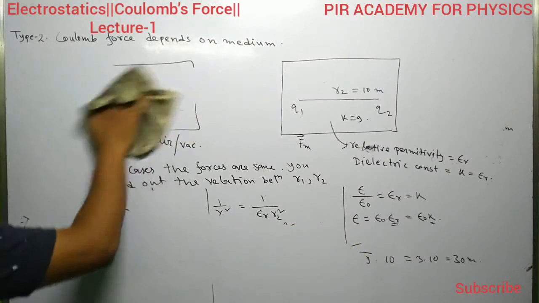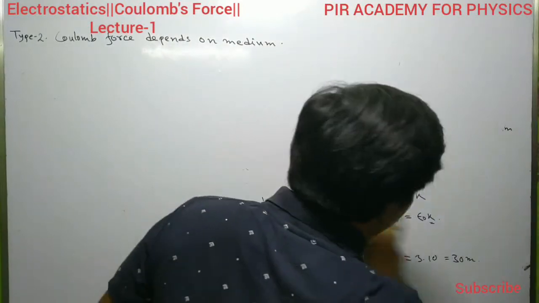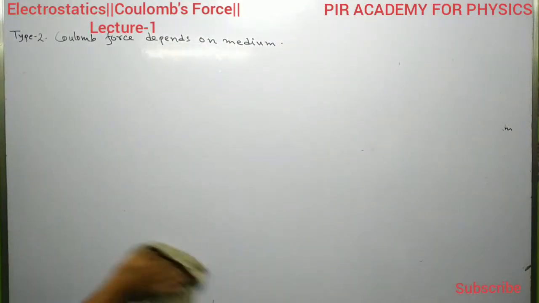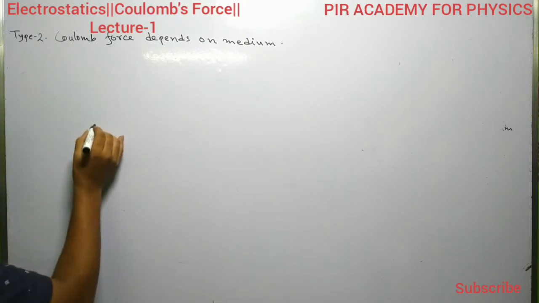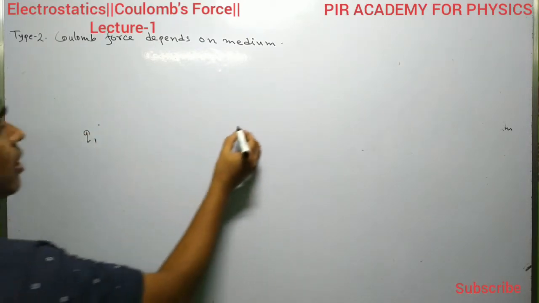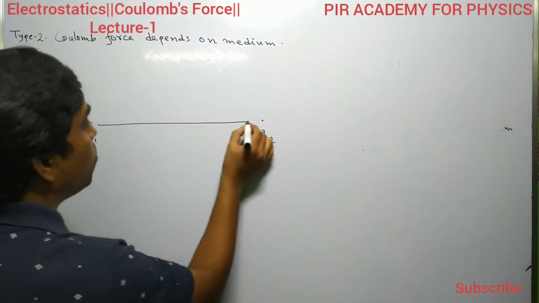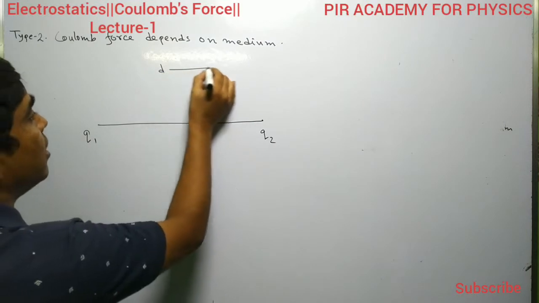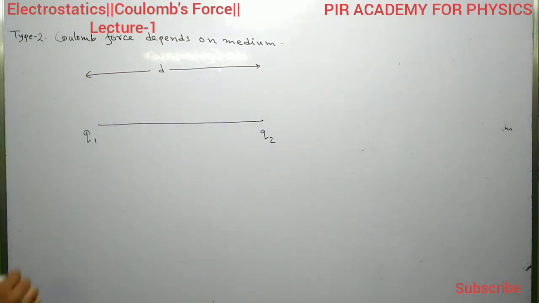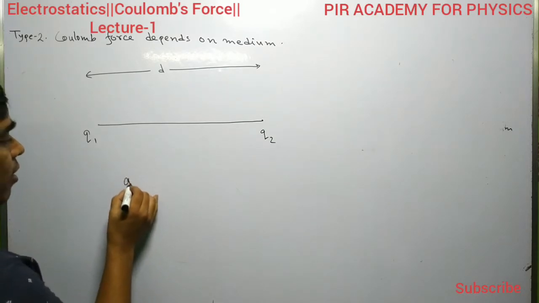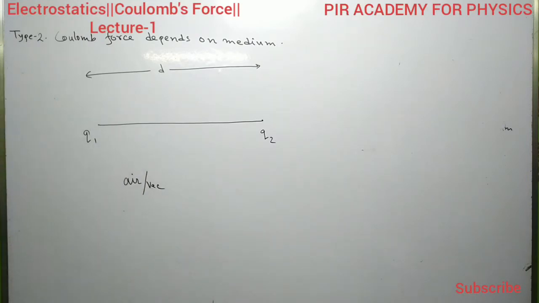There is another problem related to the dielectric constant. Number 3. Suppose this is a charge q1 and this is a charge q2. The distance between the two charges is d. The medium is air or vacuum.